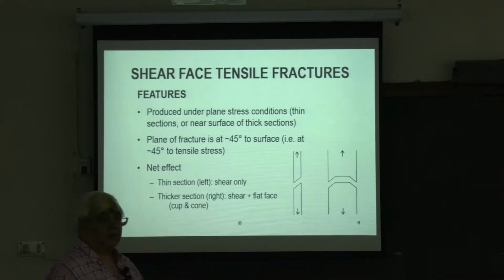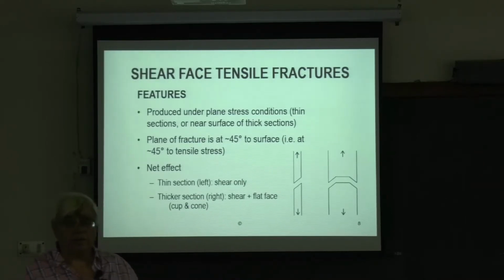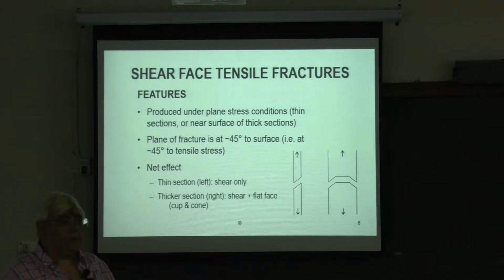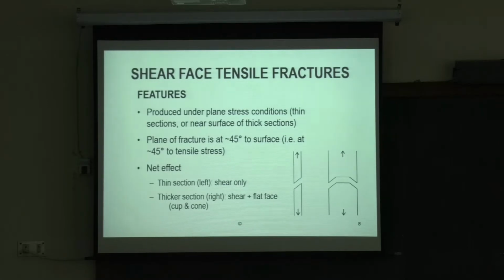So please remember that if you have a very thick specimen doing tensile testing, there is a minimum thickness you have to maintain. If you have a thicker section, this becomes cup and cone, and this part becomes brittle. But in general, even if you have a very thin specimen, there is only a very small fraction, maybe 2%, 3%, 4%, that will be a brittle fracture. But that's not much more important.